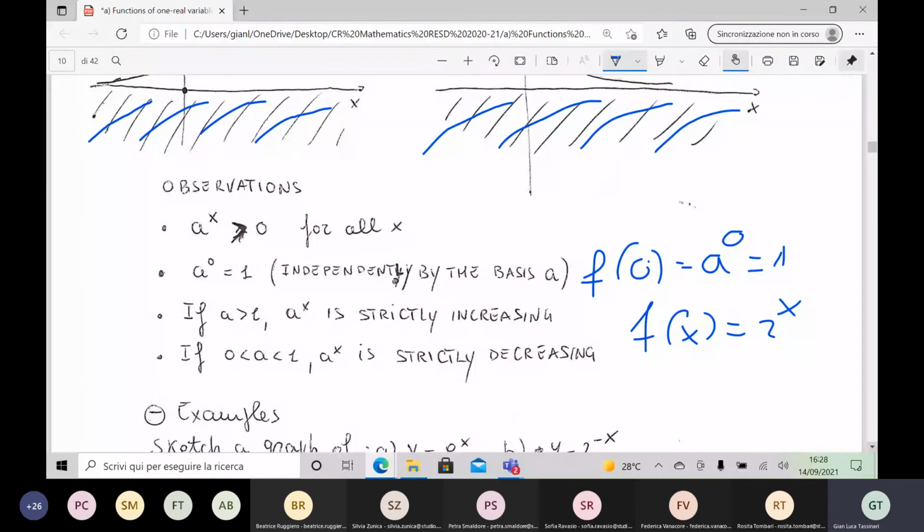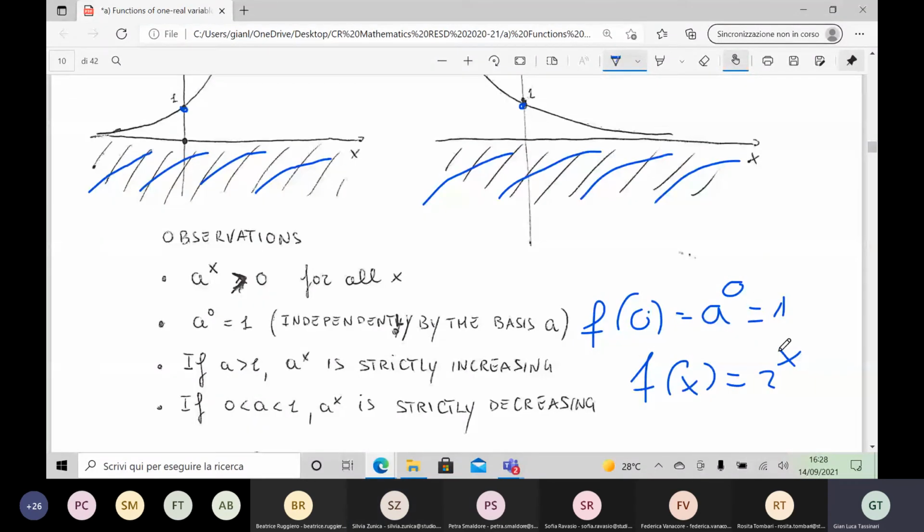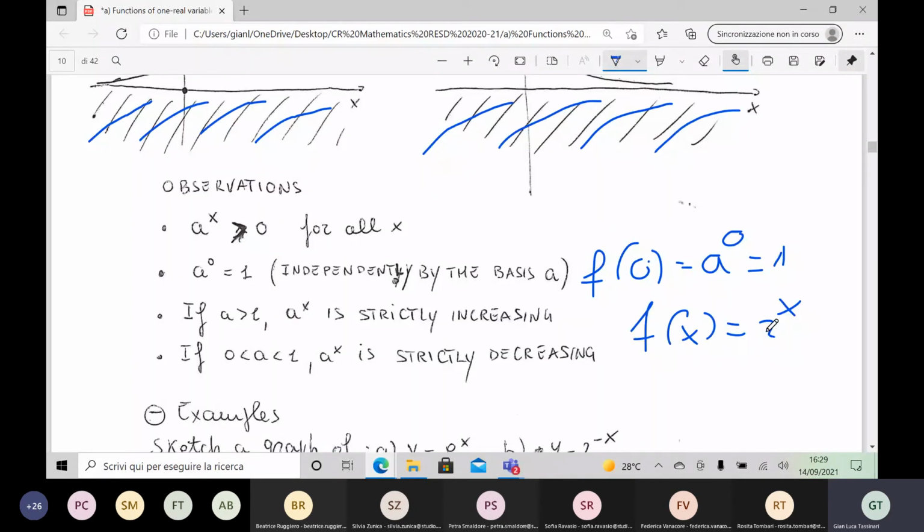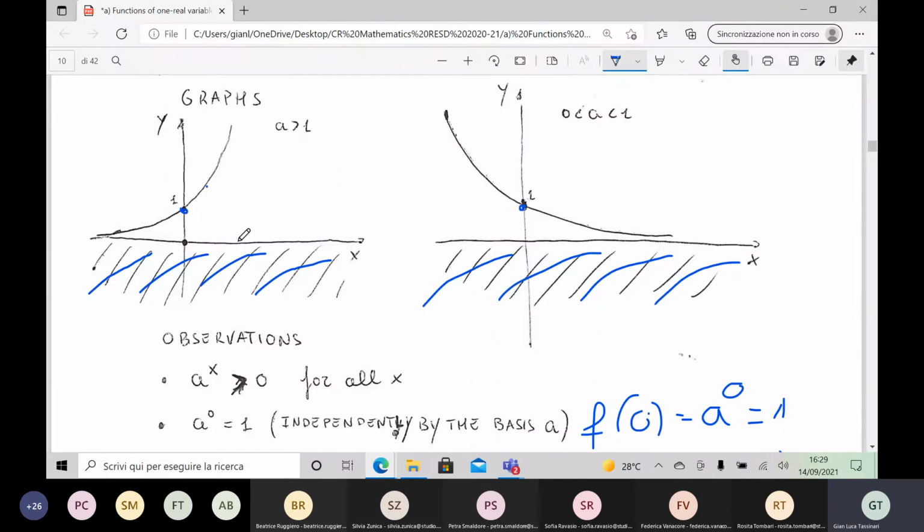For example, when x is equal to 0, f of 0 is 1. Which is f of 1? f of 1 is 2 to the power 1, so it is 2. f of 3 is 2 to the power 3, which is 8.